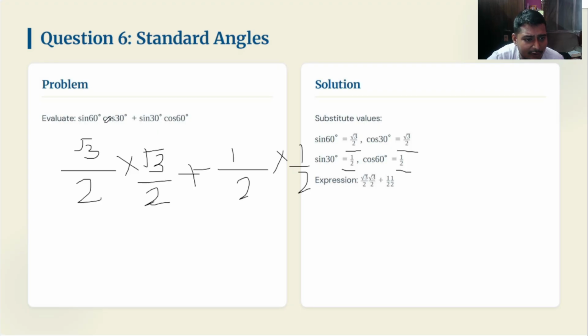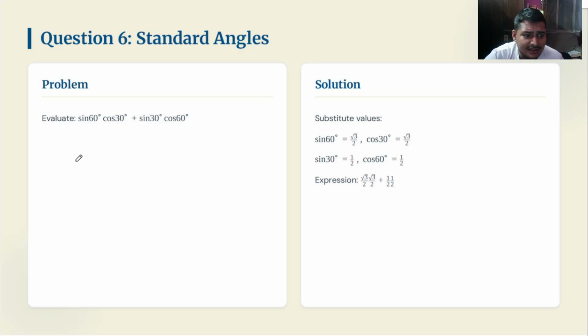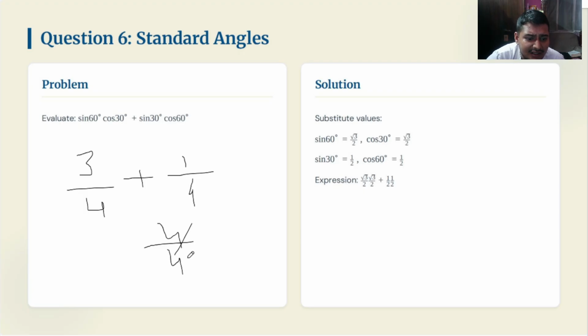Sin 60 is root 3 by 2, cos 30 is root 3 by 2, sin 30 is 1 by 2, and cos 60 is 1 by 2. Putting the values directly, we get the first term as 3 by 4 plus 1 by 4. Now LCM is 4, so 3 plus 1 is 4. So 4 by 4 cancels and becomes 1. So the value of this whole expression is 1.